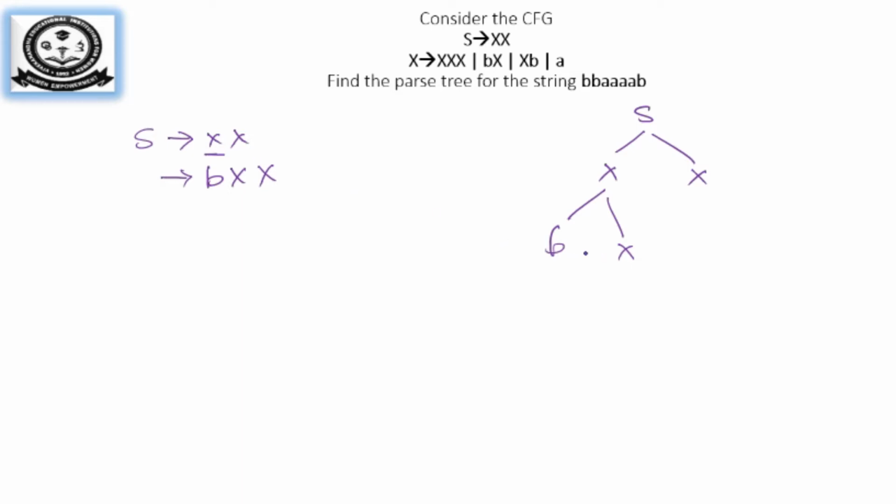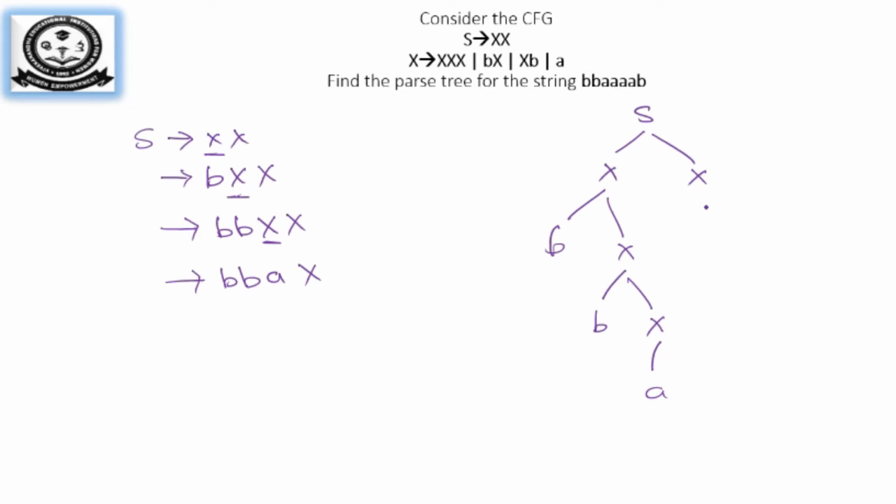Okay. Now I need one more time, it needs a BX. So again, this X can be replaced by BBXX. So I will replace that with B and X. Then I need A. So for X, let me substitute A alone here. BBAX. So you will have A over here. Now for this X, again you need, how many A's are left over?